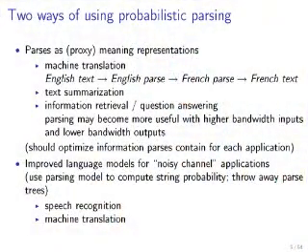And once we turned to probabilistic parsing, there really are two main uses of parsing. One is producing parsers essentially for the structures themselves, where you actually use the syntactic parsers.